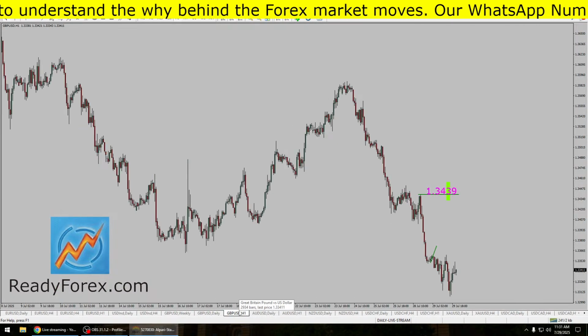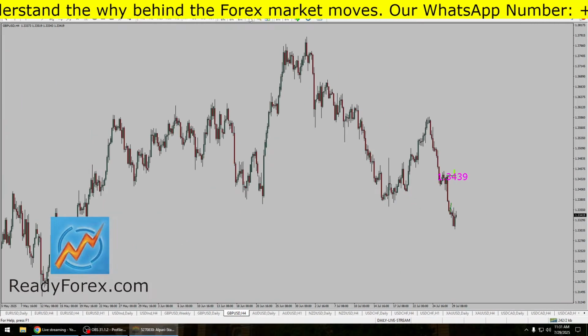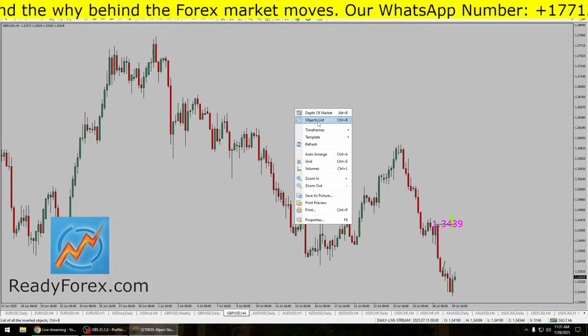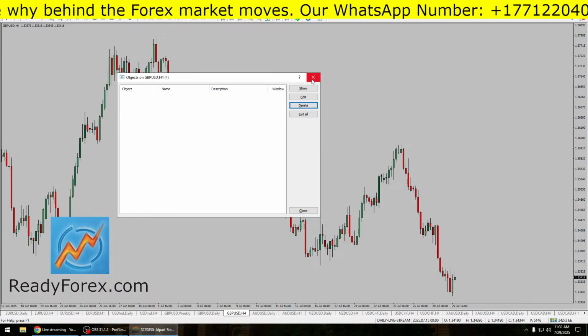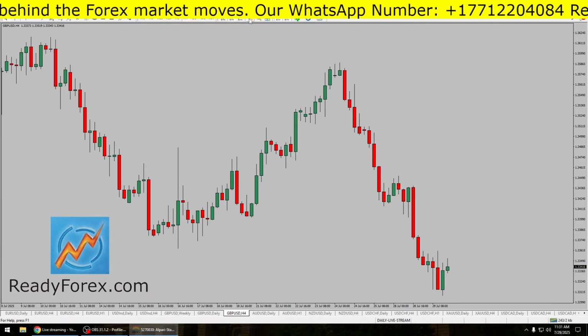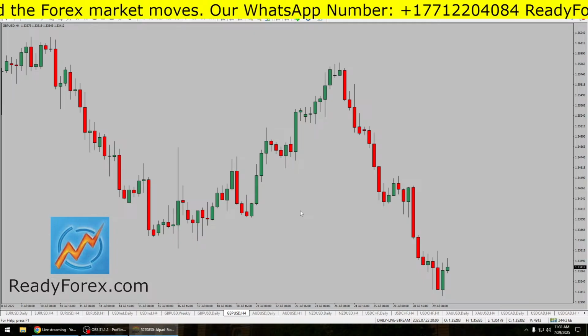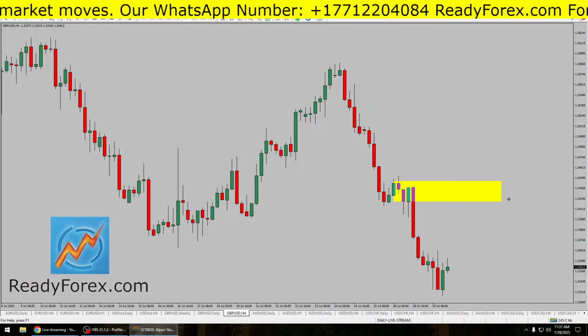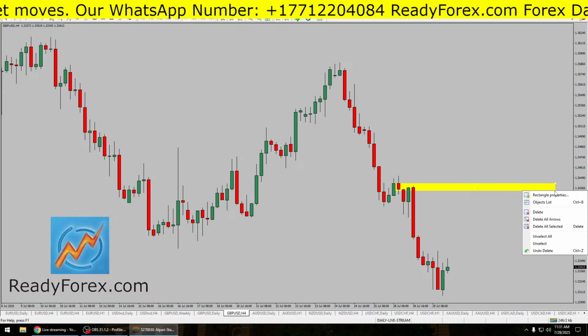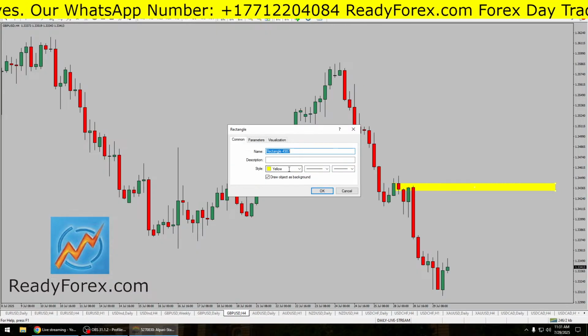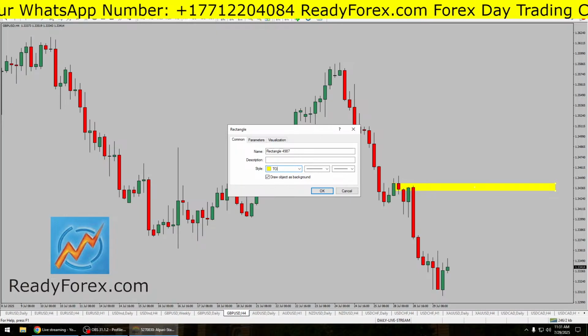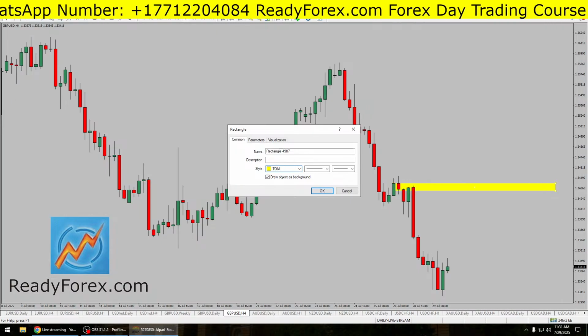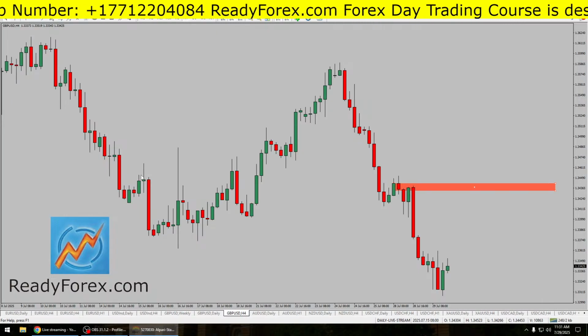If you check out the 4-hour time frame, somewhere around this area, the market is probably going to provide a pullback.